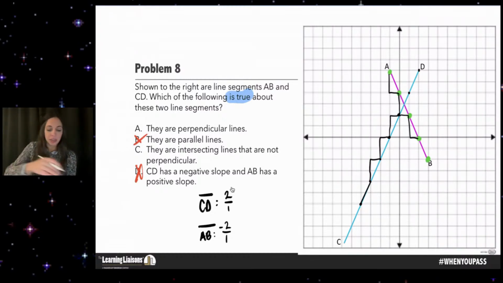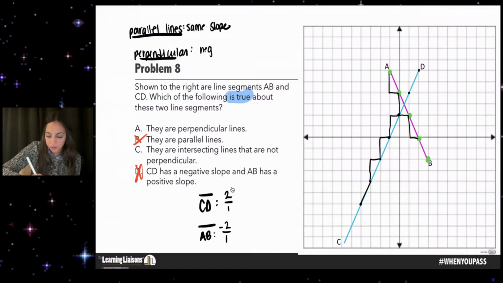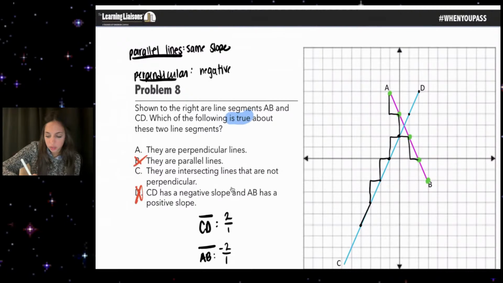They are not perpendicular. Parallel lines have the same slope. Perpendicular lines have negative reciprocal slopes.